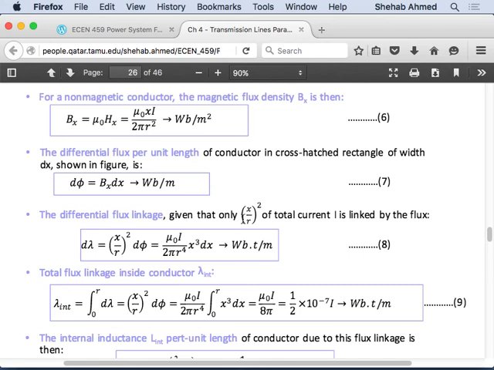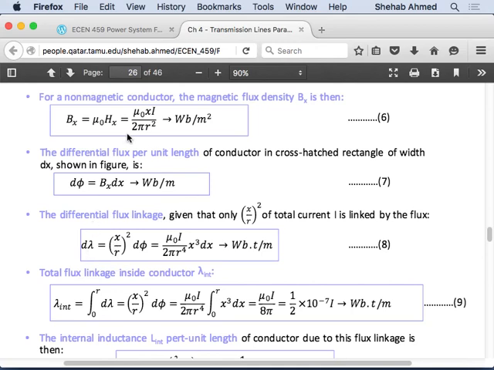It's only linking part of the conductor. This part of the conductor is carrying part of the current, and the relationship between this part of the current and the full amount of current is the ratio between the areas. So the relationship between the total flux and the flux linkage is also the area ratio.